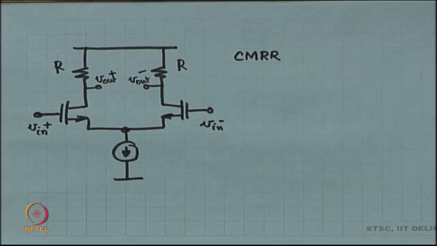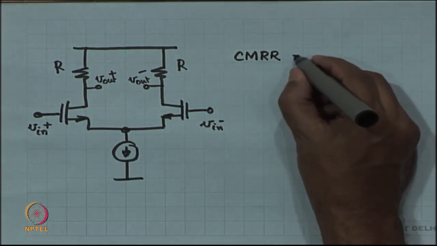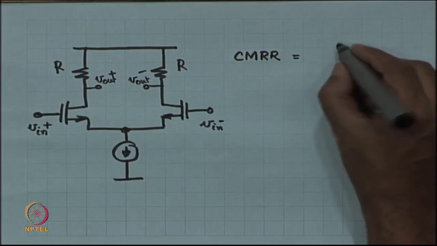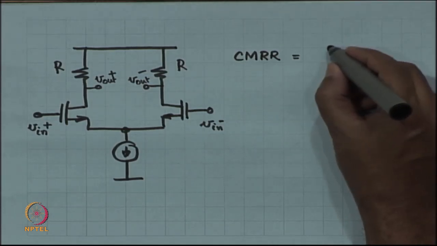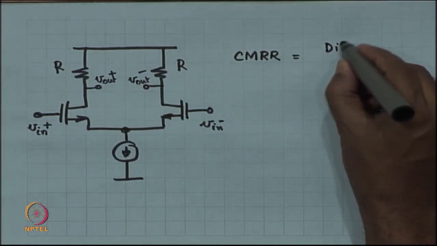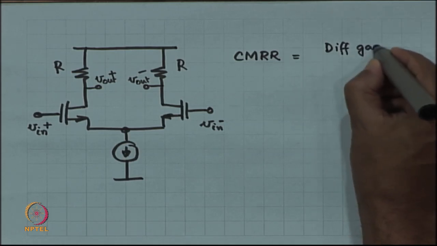Now, we also were discussing one more term called CMRR, the common mode rejection ratio, and we said that this is equal to the differential mode gain divided by the common mode gain.